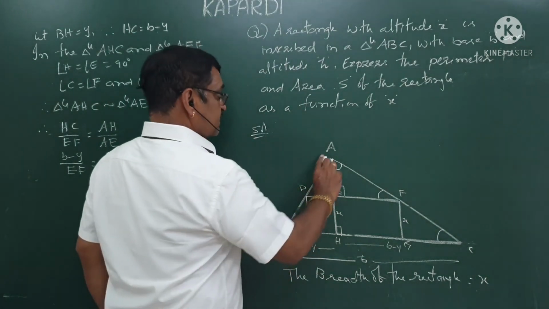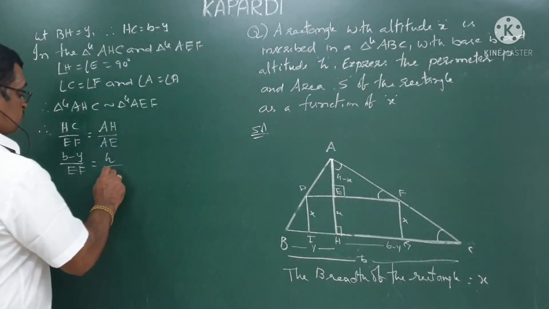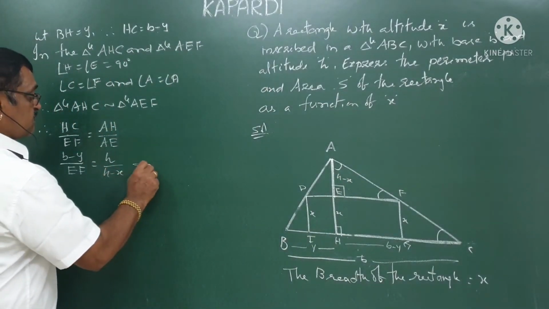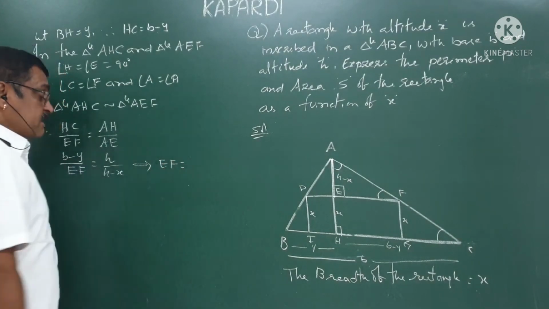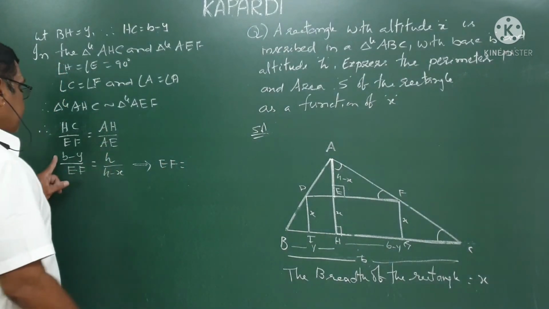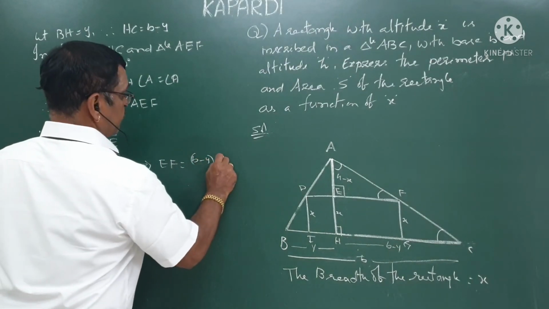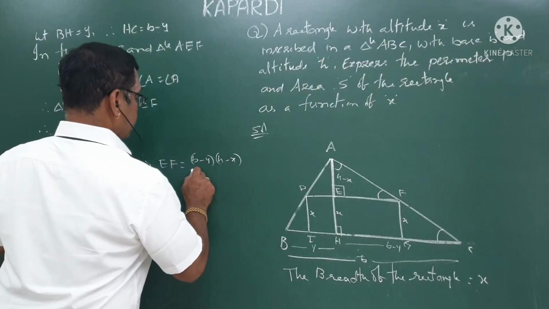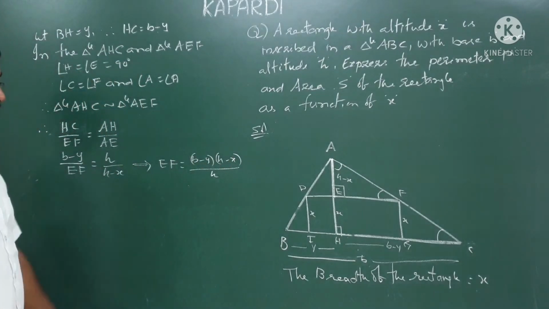Since this is H, this will become H minus x. This implies EF is equal to B minus y times of H minus x by H. I got EF.